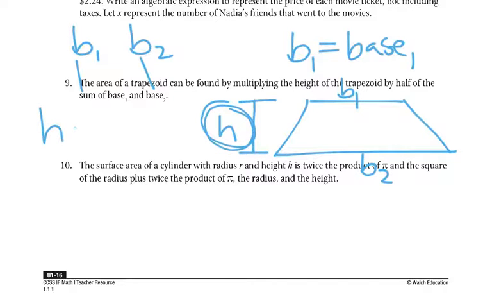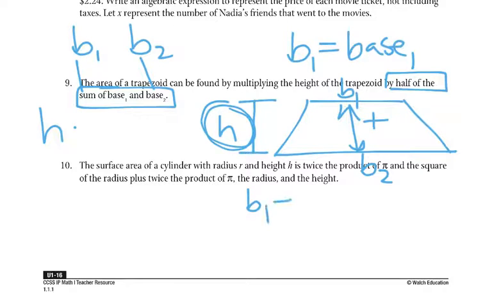So we've got height times something by half of the sum of base 1 and base 2. So base 1 and base 2, we're adding them. So we'd have base 1 plus base 2. And then we are taking half of that.